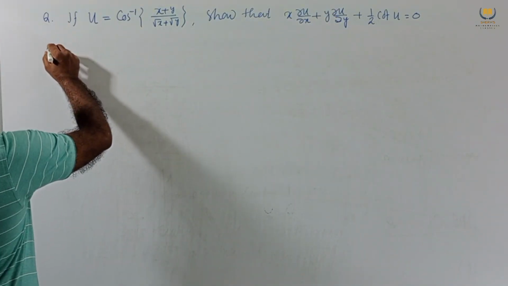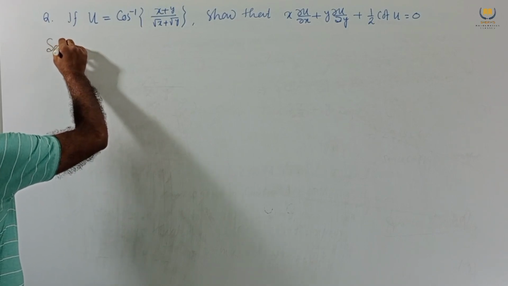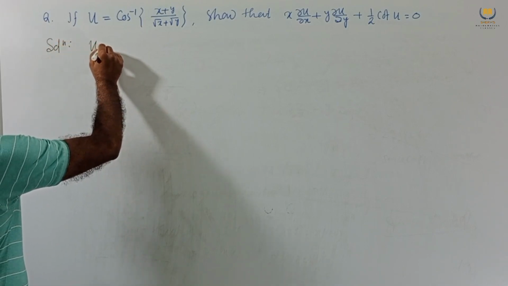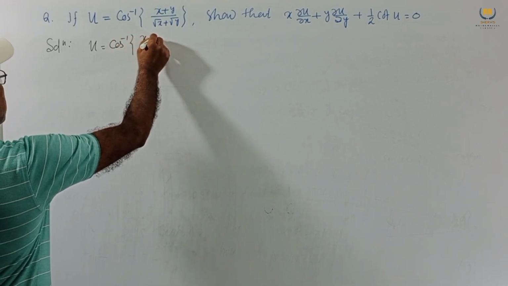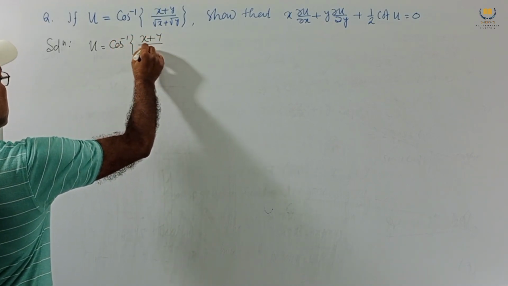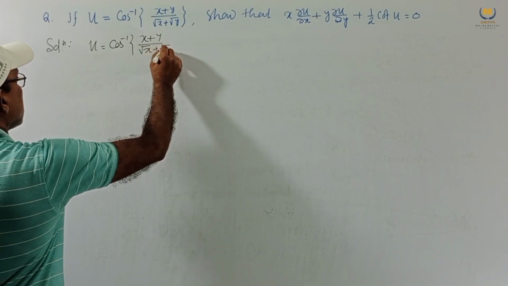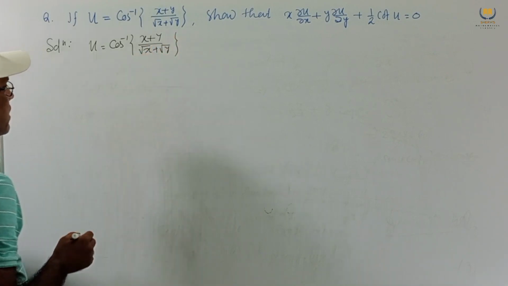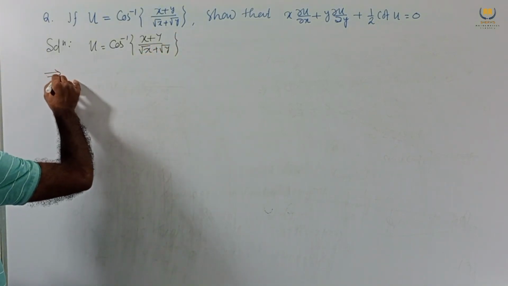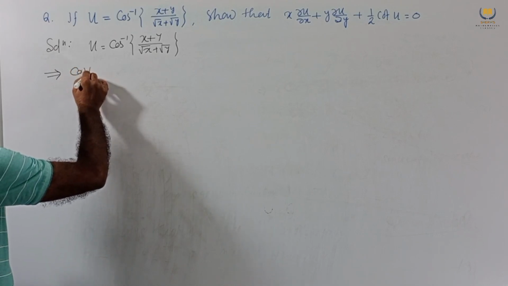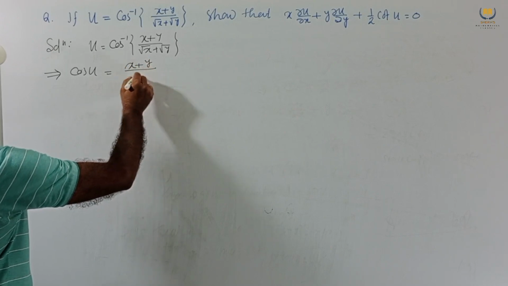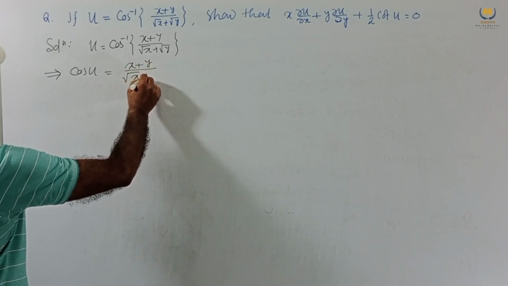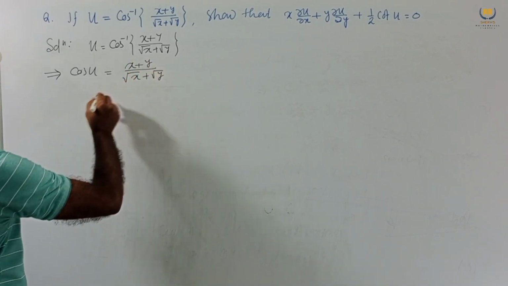Now the solution is that u equals the given cos inverse of (x plus y) by (root x plus root y).